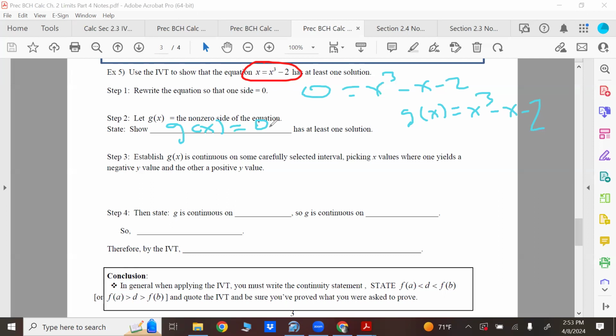Okay. So is g(x) continuous? What we defined as g(x), is that a continuous function? Yes, polynomial. G(x) is a polynomial function, so it's continuous.